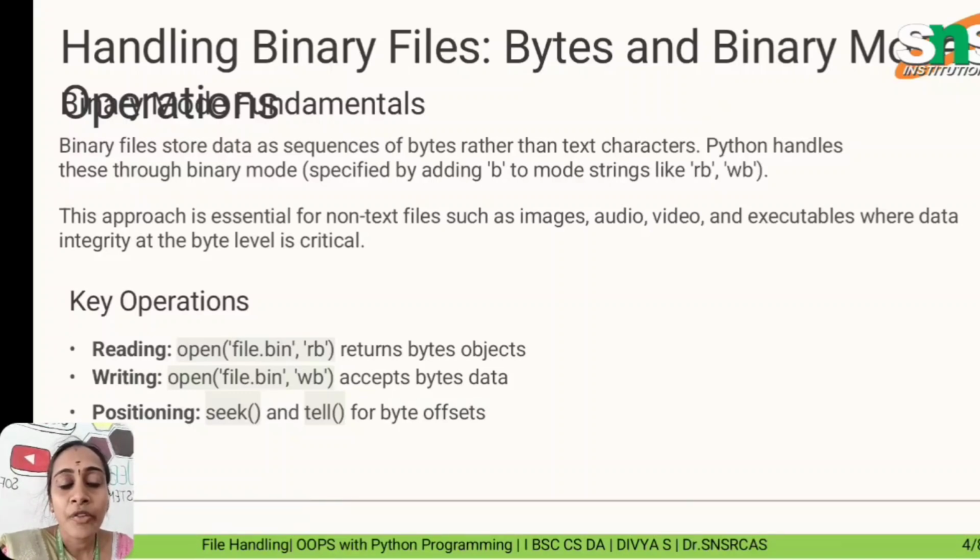For reading, I open the file in read mode along with b. There is binary mode rb, which returns a bytes object here. If I want to write to the particular file, I take the mode wb, which accepts bytes data here. Positioning uses seek() or tell() for the byte offsets here.